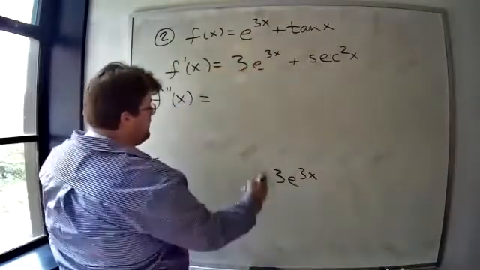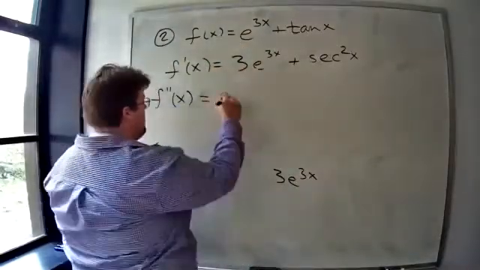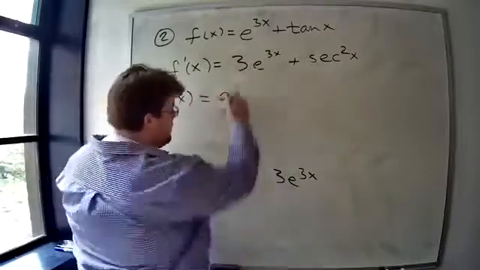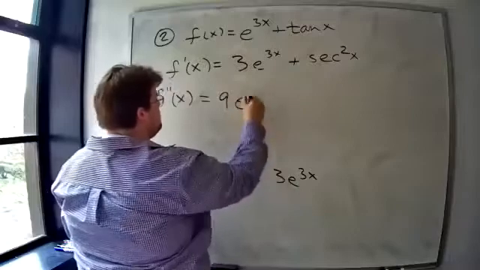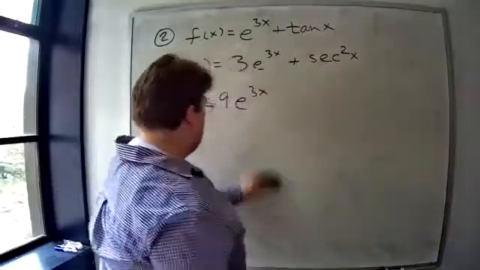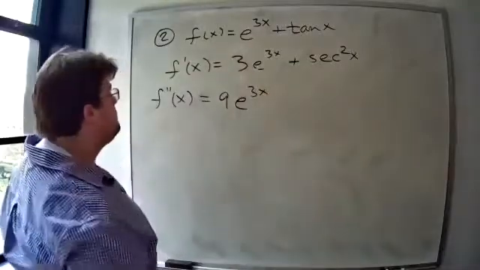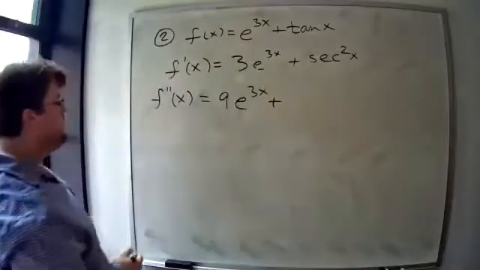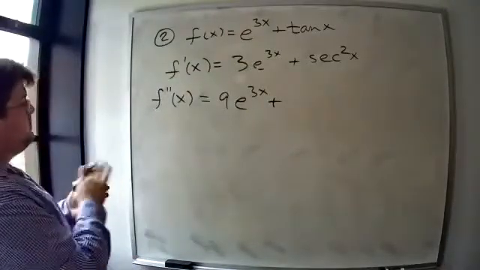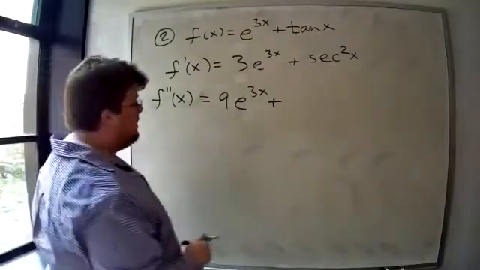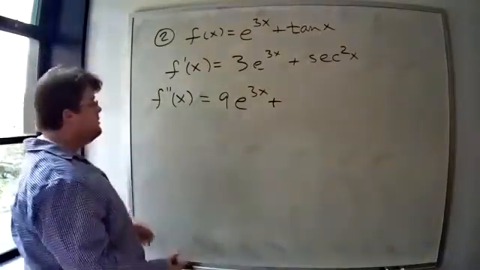But if there's another 3 there, you need to multiply that by 3. So you get 3 times 3, which is 9, e to the 3x for the first part. Now, the second part is more inconvenient because of that square. So I'm going to write the answer here, and then I'm going to show the details.